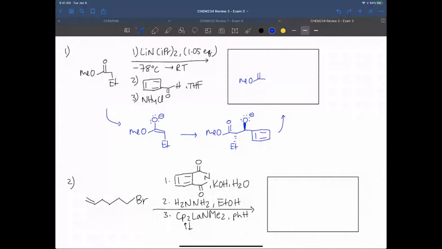So this is something that we're gonna do in detail later. Don't worry, because I have a small R group here, so I know I'm gonna get the anti product, and then I get alcohol here, right? So this is the enolate chemistry part.